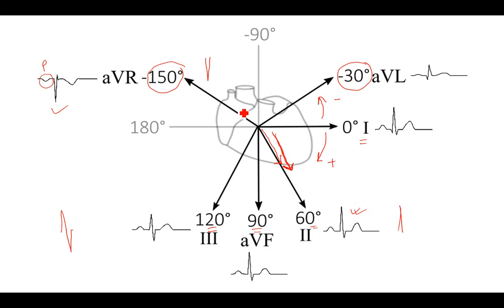In this direction is the fast vector, okay. So the fast vector or the atrial vector that depolarizes the whole atria, the direction is away from lead AVR. So AVR must produce a negative P wave.